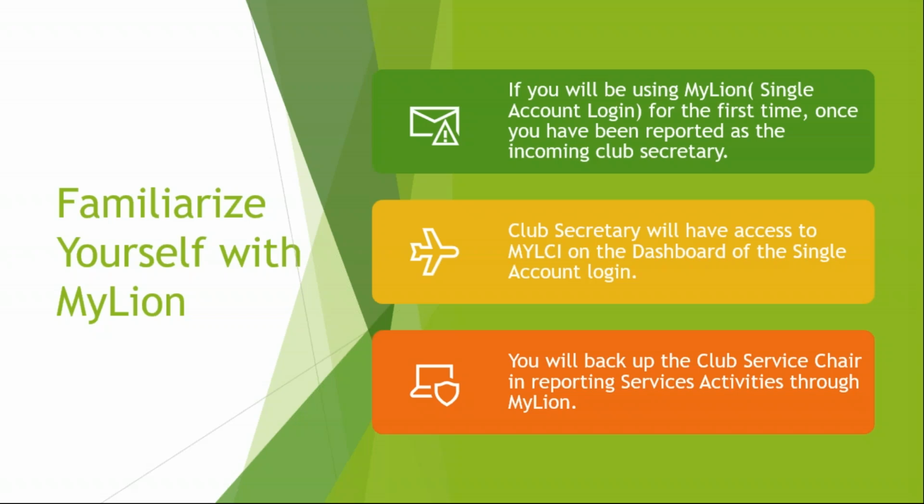Hit the registration, and you will need your membership number as well as your email, the email that's on the LCI network at this time. Especially if you're new, you will have to register for this single account. You will have on the dashboard in the single account access to My LCI also.